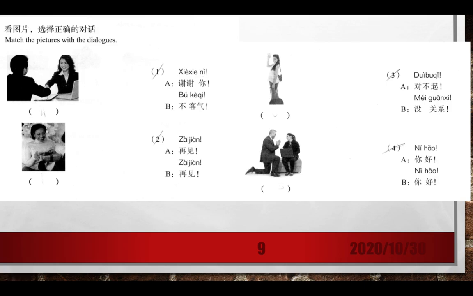So maybe he's apologizing, not just saying hello. So the last picture should be 对不起. Then the girl could answer 没关系. Great. So now we understand the first picture must be just saying hello, 你好.